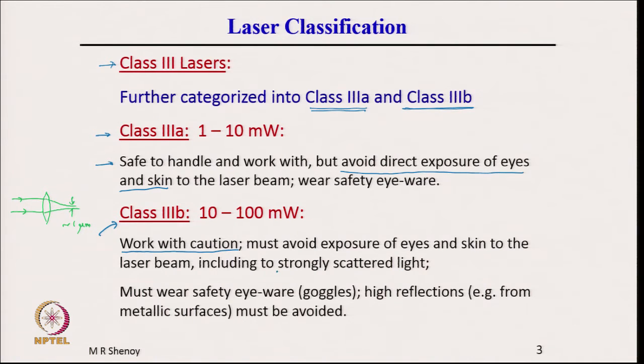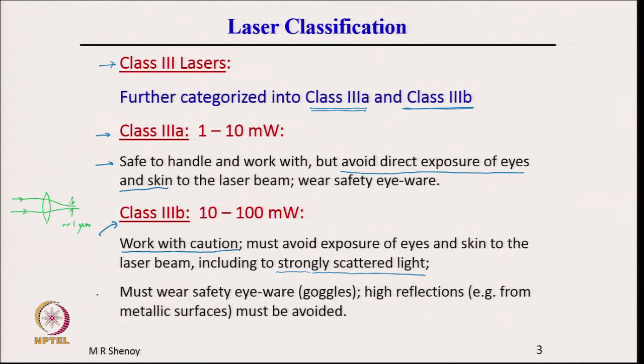Strongly scattered means if the laser beam is incident on a highly reflecting surface such as a metallic surface or maybe from some mirrors, then one has to take care that it is almost as strong as the direct beam, and therefore must avoid the scattered beam as well.